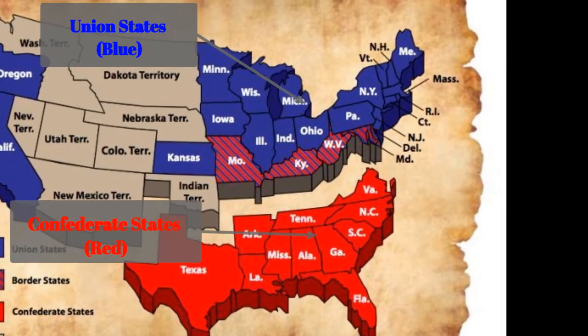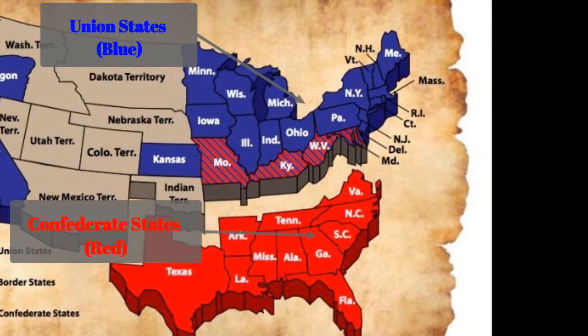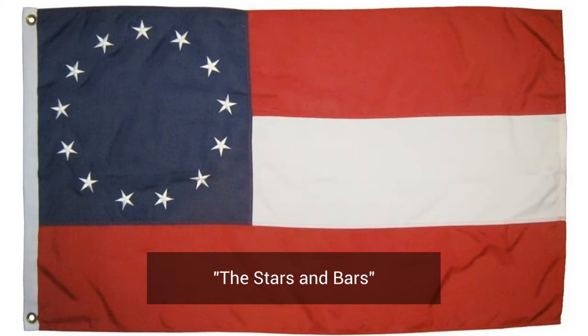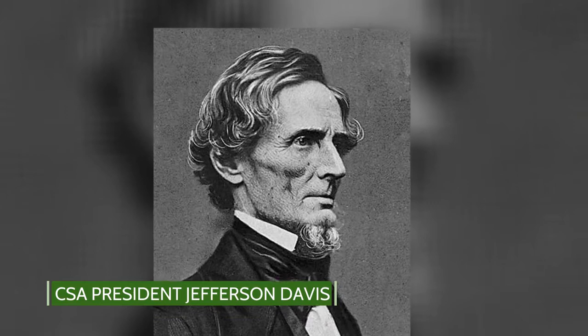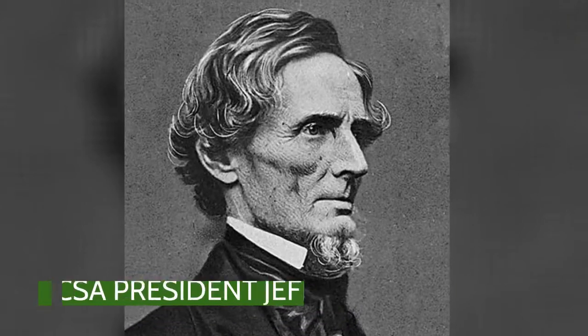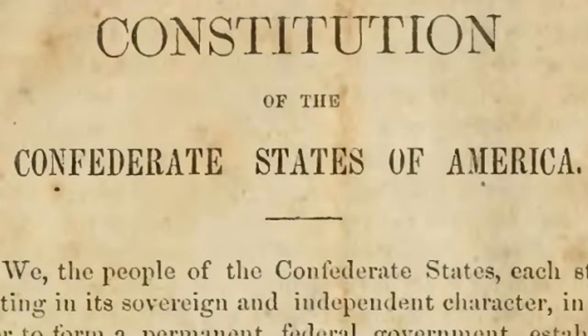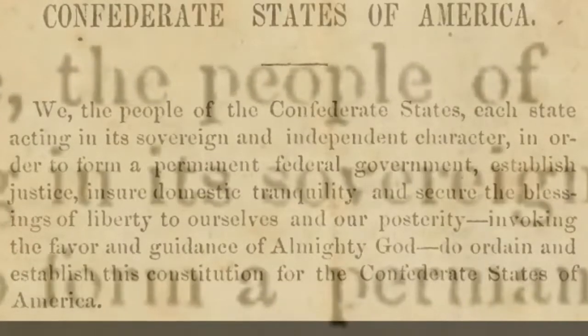The Confederate States would create their own flag, print their own money, elect their own president, Jefferson Davis, and draft their own Constitution, which, by the way, was similar to that old Articles of Confederation in which states had the right to rule themselves as they saw fit.